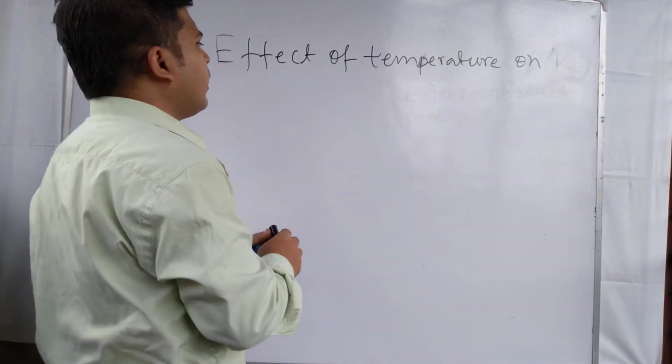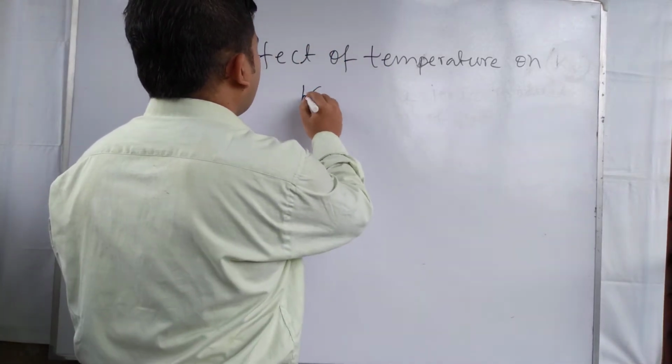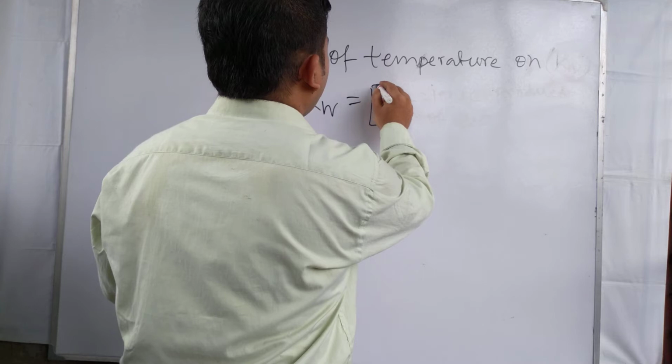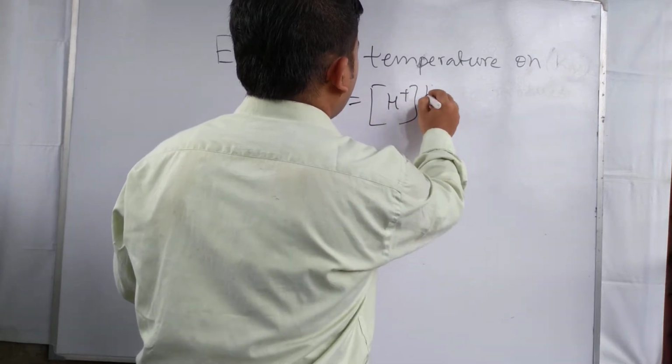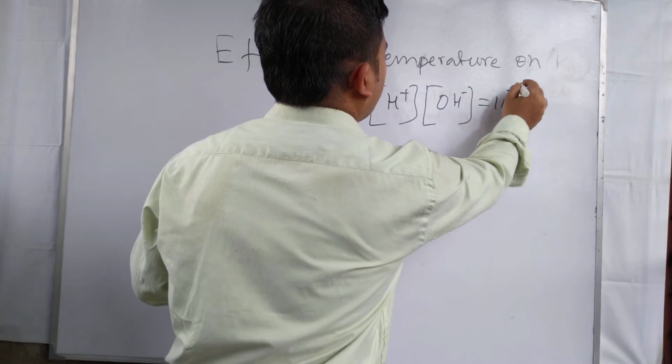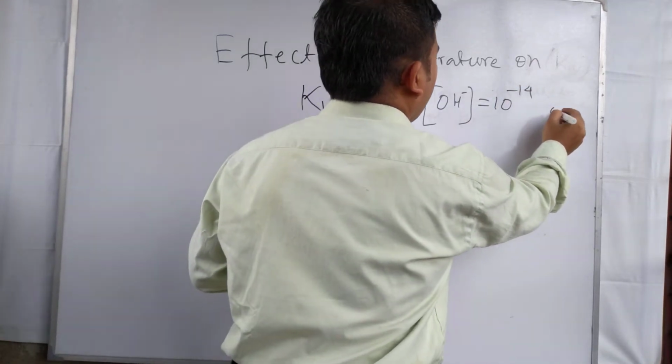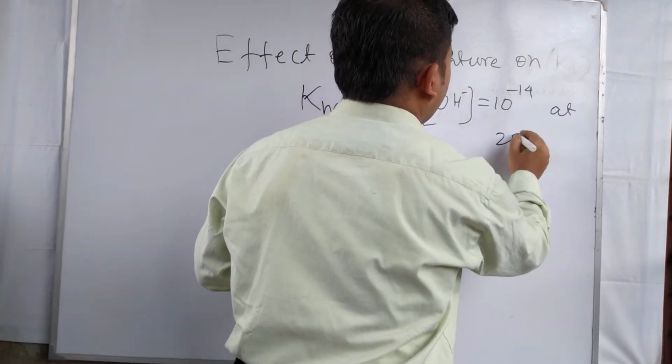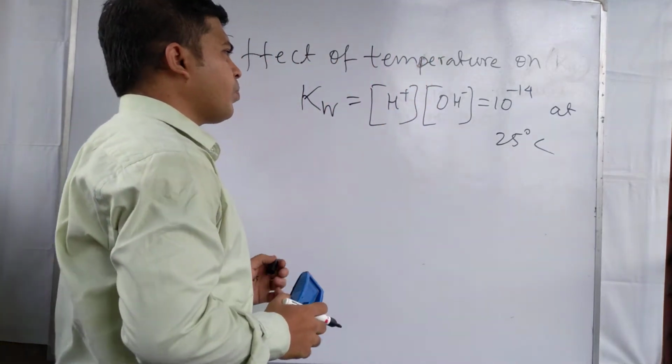We know that the ionic product expression Kw equals [H+] into [OH-], which equals 10 to the power minus 14 at 25 degree centigrade temperature.